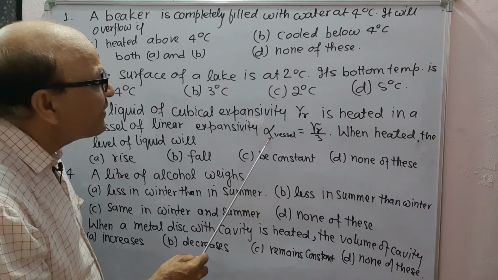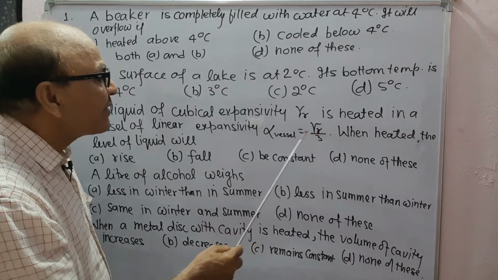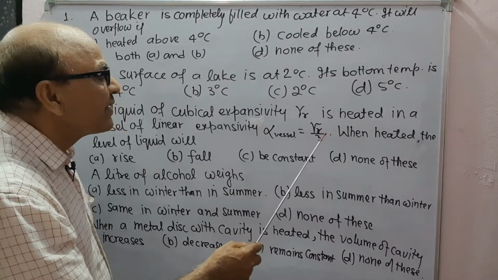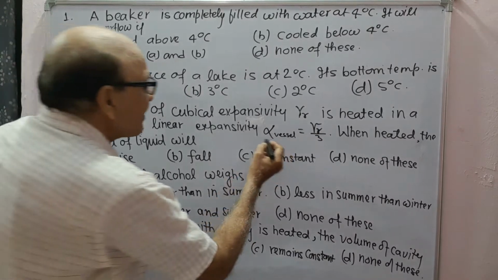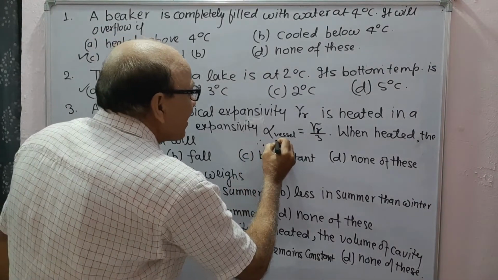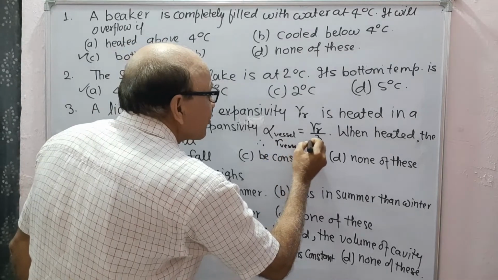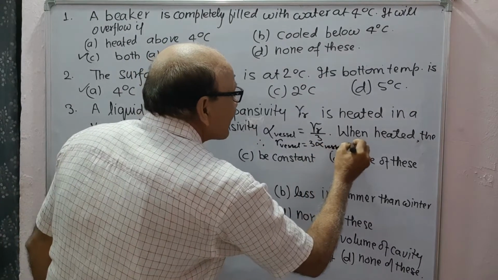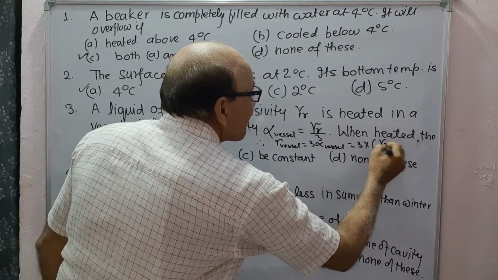Therefore, gamma of the vessel will be equal to 3 into alpha of the vessel, which is 3 into gamma real upon 3.